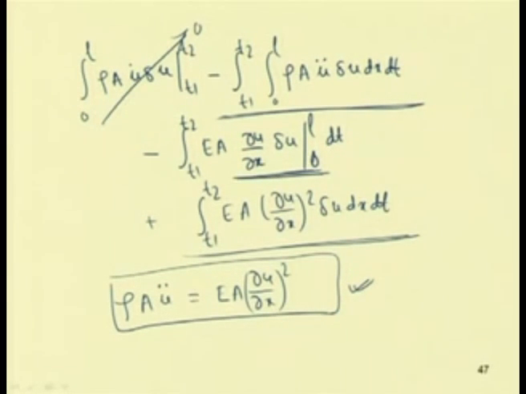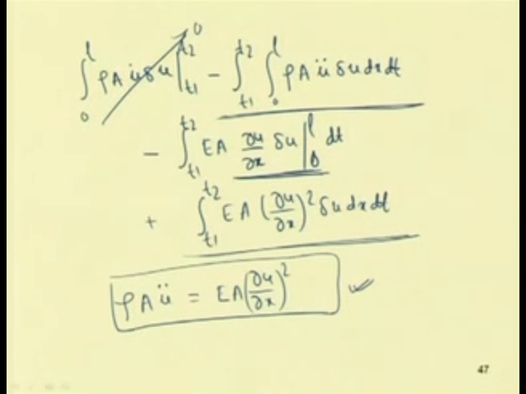So, at the left end, that is the fixed end, either del u by del x equal to 0 or u equal to 0. So, for the fixed end the slope will be 0 or the displacement will be 0. Similarly, at the right end one can find whether the slope is 0 or the displacement is 0.